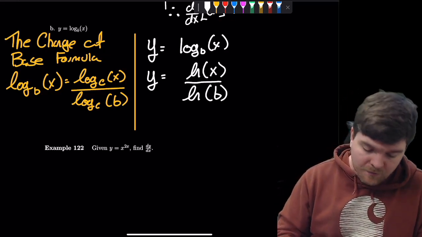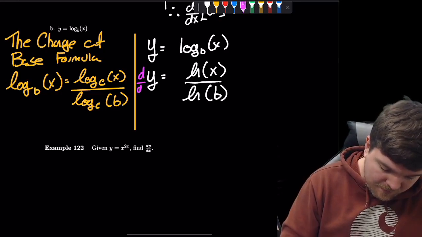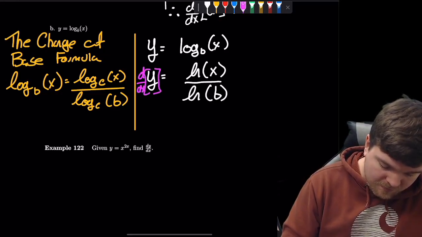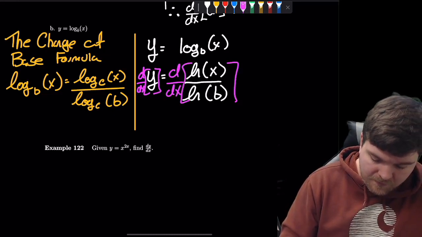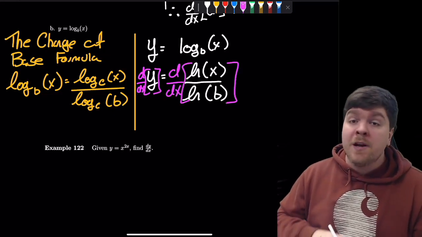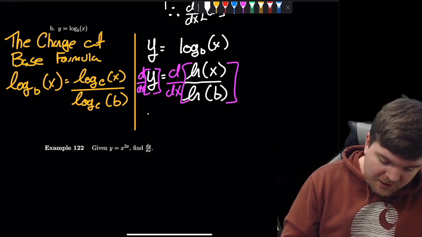Now we can take the derivative. In this instance, we don't even need to use implicit differentiation because we are taking the derivative of y with respect to x.